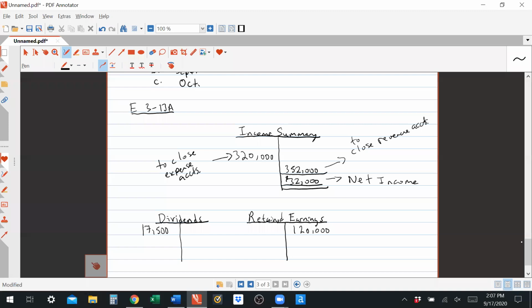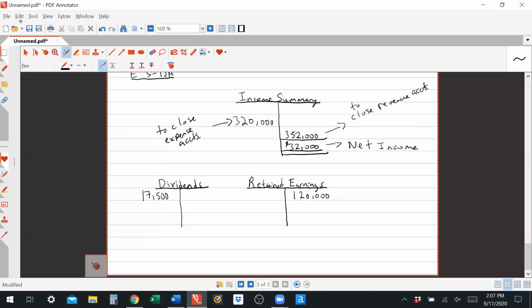So what journal entries do we need to make? Well, we need to close out dividends. So we're going to need to credit dividends, and debit retained earnings. Whoops. So we can close out dividends to the retained earnings account. So now dividends will have a zero balance.